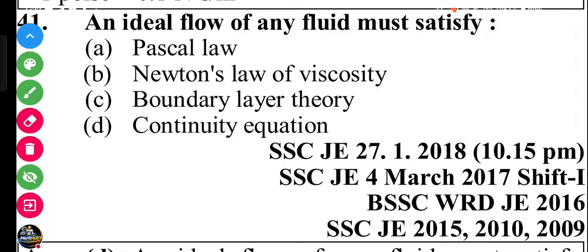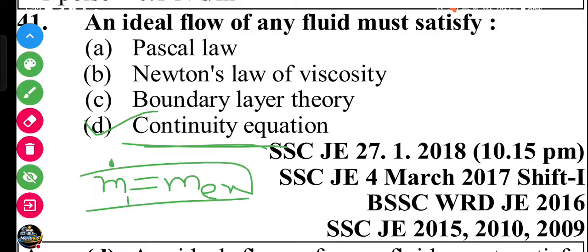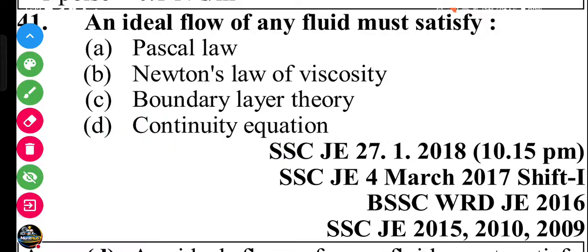It must follow the continuity equation because the mass flow rate is constant in every case. The mass flow rate entering equals the mass flow rate exiting. So ideal fluid flow and any fluid must satisfy the continuity equation.